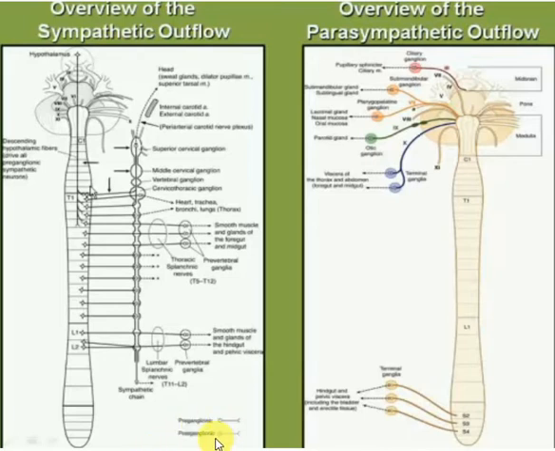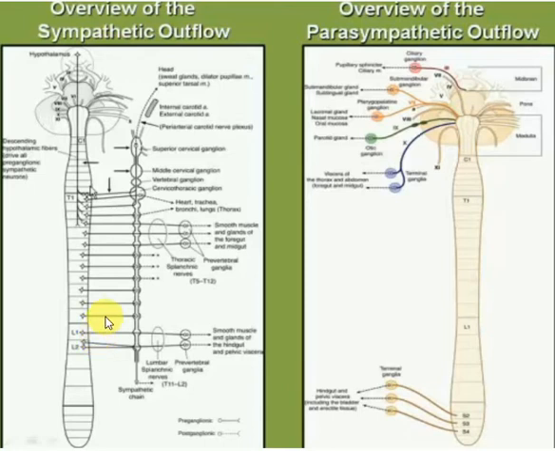Now we can ask the same question about the postganglionic nerve fibers, where they are located in the sympathetic and the parasympathetic systems. And then we'll hit upon another fundamental difference between the two.